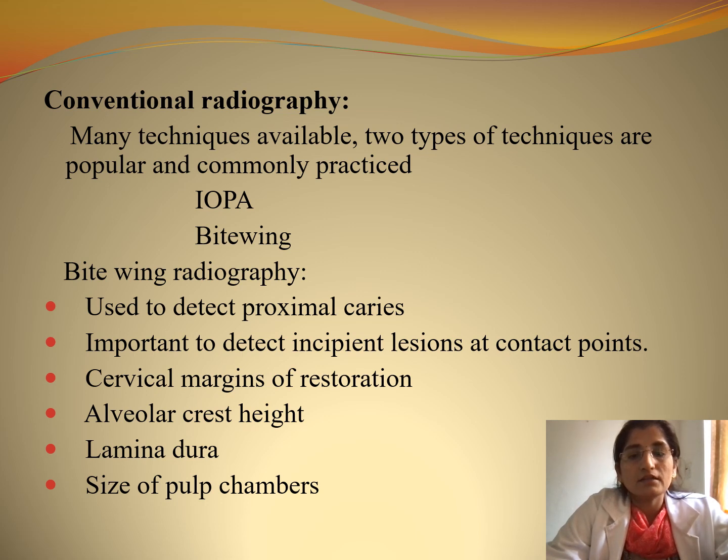It is important to detect incipient lesions at the contact points of the teeth, especially in cervical margins of restorations, and to check the alveolar crest height, and also the lamina dura, and of course the size of pulp chambers will be seen very clearly in bite wing radiography.